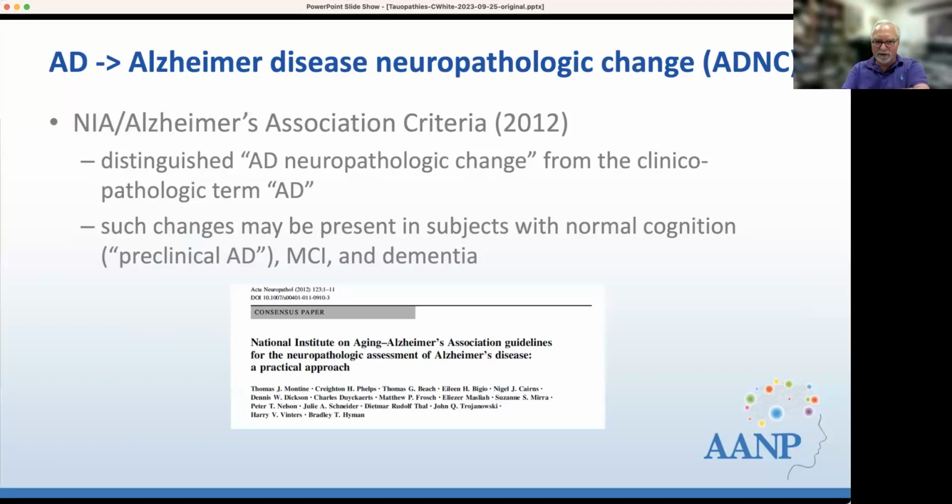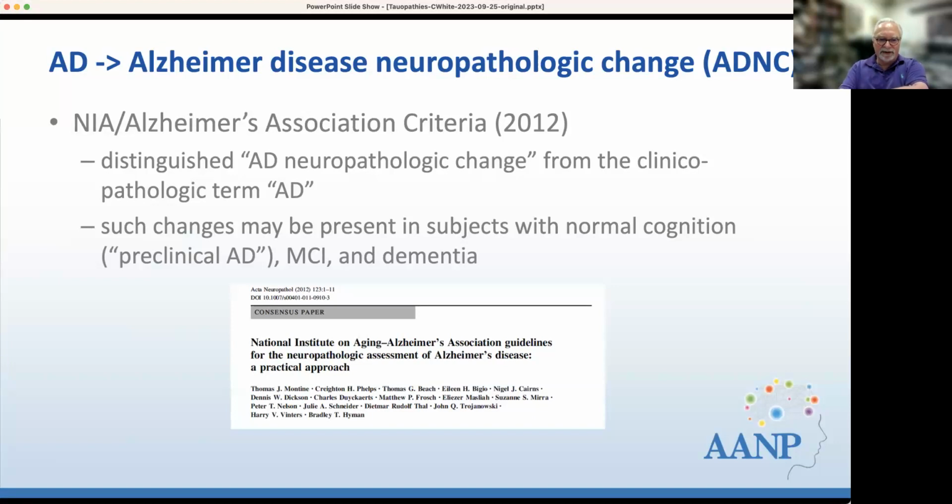So in 2012, the criteria that were published under the rubric of the NIA-Alzheimer's Association criteria distinguished plaques and tangles and dystrophic neurites, or what we now call Alzheimer's disease neuropathologic change, from the clinical pathologic term AD.